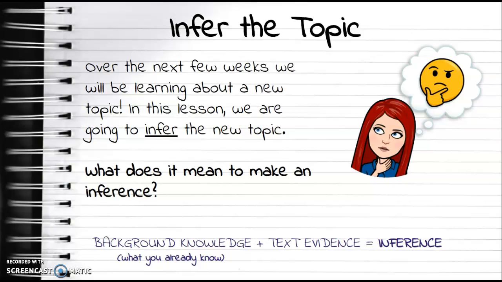It can be a fiction book, it can be a nonfiction book, but that's text evidence. So when you put together what you already know, that background knowledge, with the text evidence, the information from the book, you're making an inference.